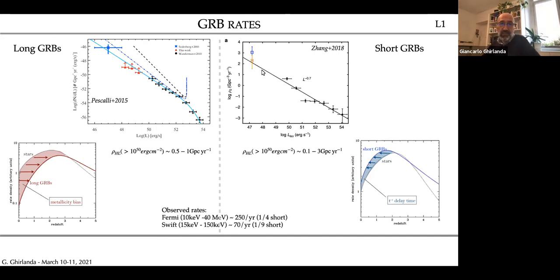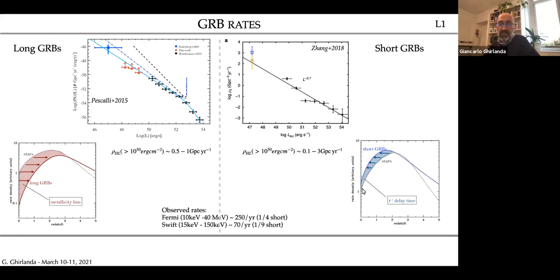As far as their redshift distribution, yesterday I showed you the observed redshift distribution, which is a biased representation of the intrinsic one. For long GRBs and short GRBs, we have a nice general concept that is related to their progenitor. So let's start with the short GRBs.